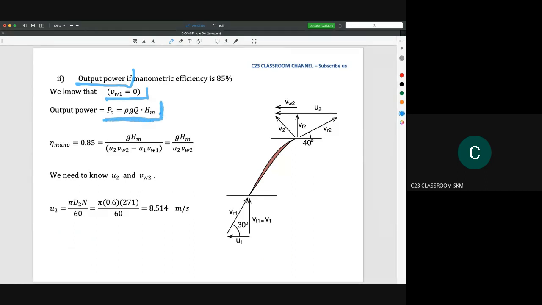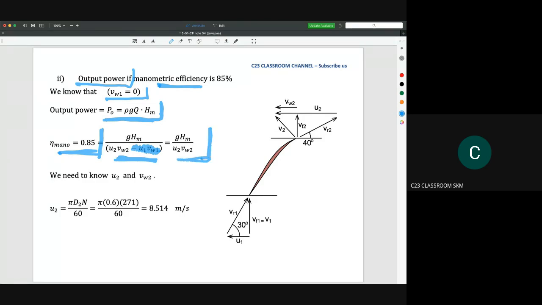Please make some revision about the efficiency. According to the manometric efficiency, this is 0.85, meaning 85%. And this is the equation for manometric efficiency. Because V1 here is equal to 0, we can neglect this term. And finally, we have this one.